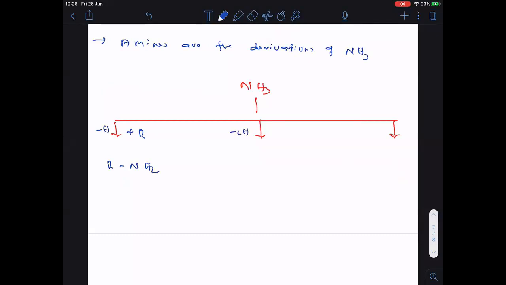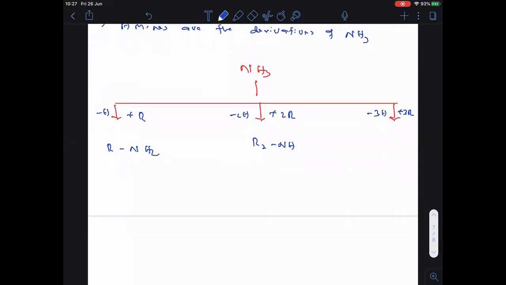Now replace two hydrogens with two alkyl groups. Then you will get R2NH. Similarly, replace three hydrogens with three alkyl groups. So it is called R3N. R3N is formed. So this is said to be a primary amine, this is a secondary amine, and this is a tertiary amine.